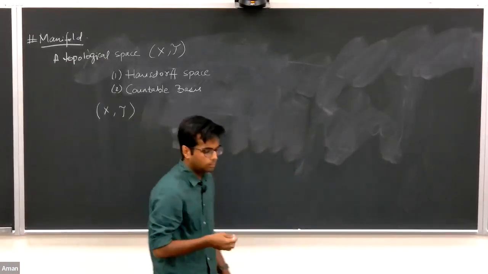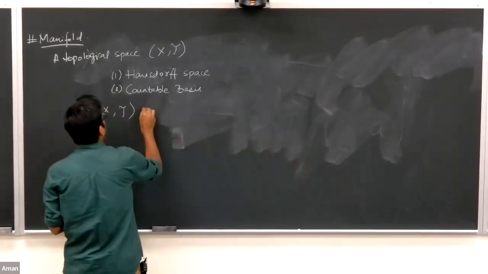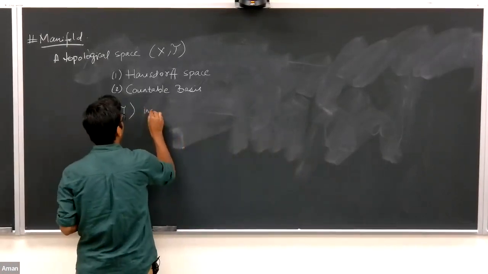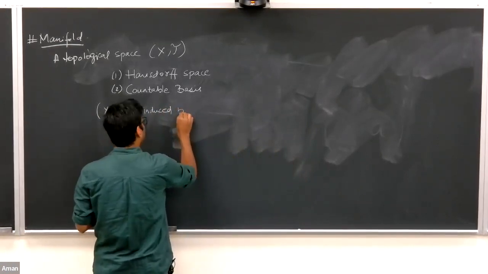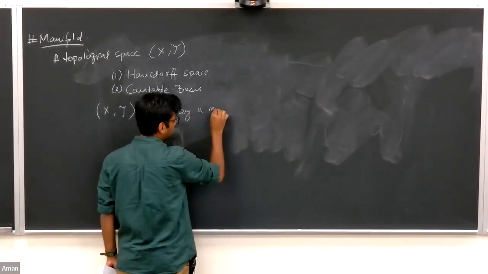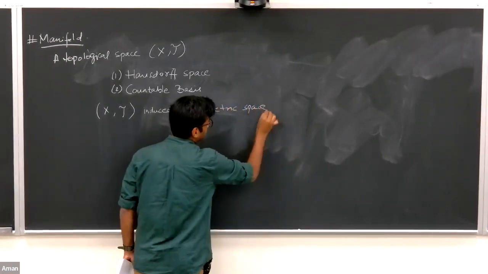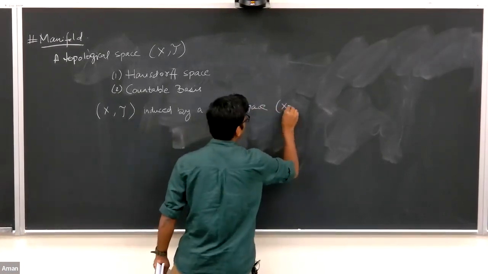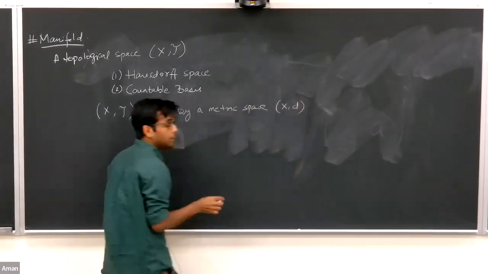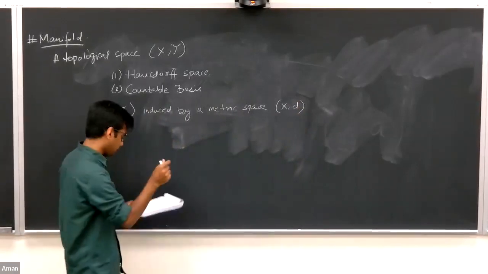So here the space is induced by a metric space. And as you recall, a metric space X, d is defined by open balls around each point with small radii.